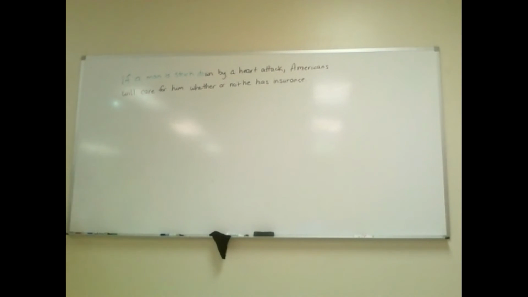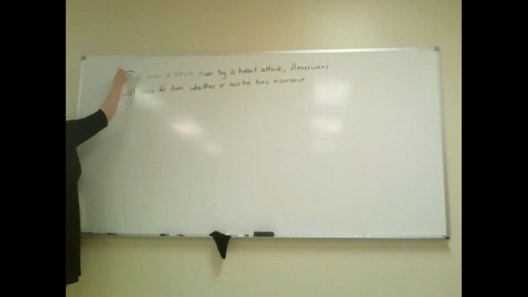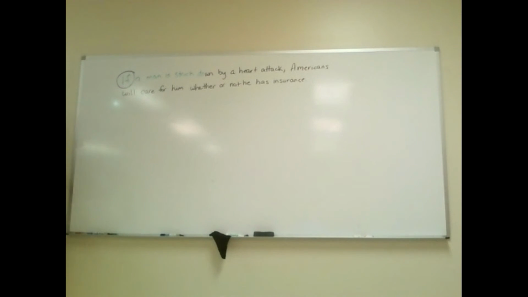All right, so this sentence has an "if," so we know there should be a "then." Rebecca, I don't know if I called on you, but I'm going to call on you again anyway. Where should my "then" be? After the comma, so right before "Americans."